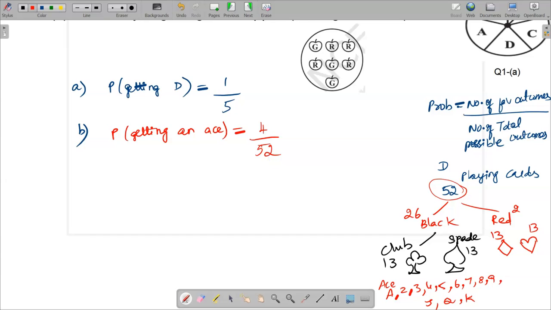So you can cancel out with the table formula: 2 2s are 4, 2 26s are 52, and then again 2 1s are 2, it is 13. So the answer is 1 by 13. The final probability of getting an ace is nothing but 1 by 13.